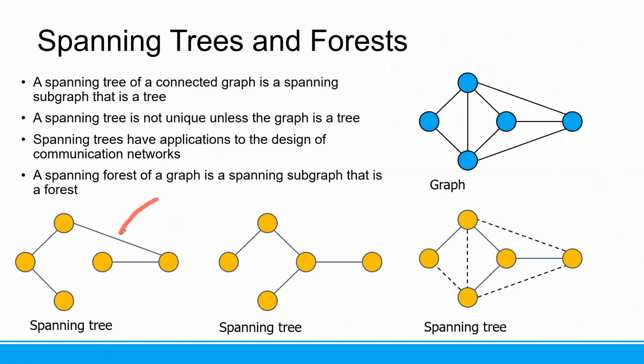We can say that this is a spanning tree of this graph. We can also have this one as a spanning tree of this graph. We can also say that this is a spanning tree if we remove this edge. And the spanning tree is not unique unless the graph is a tree.